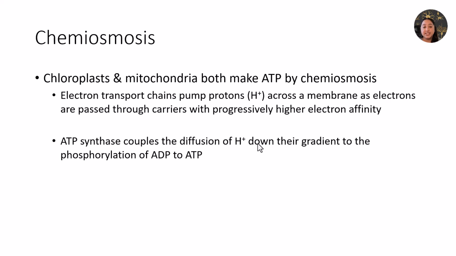And ATP synthase couples the diffusion of the protons down their gradient to the phosphorylation of ADP to ATP. So that is what's in common in both chloroplasts and mitochondria. There are electron transport chains and proton gradients that are used to help make ATP.